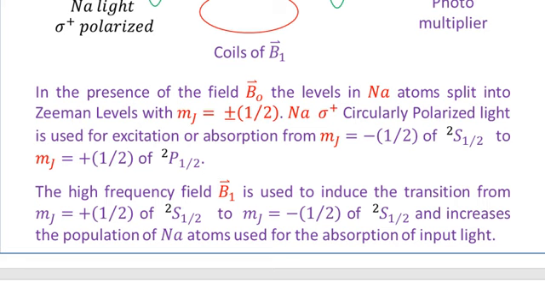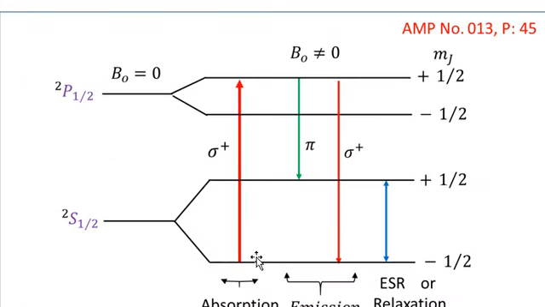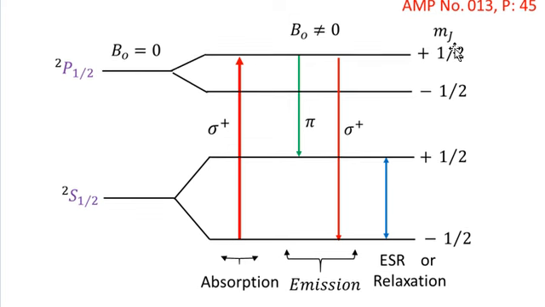So let me show you this one. For example, this solid arrow indicated with sigma plus will be used for the absorption or for the excitation of the Mj is equal to plus half level of the 2p half Zeeman level.